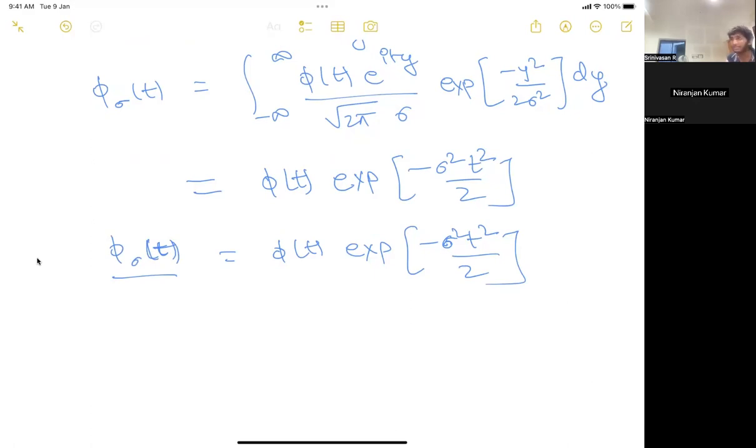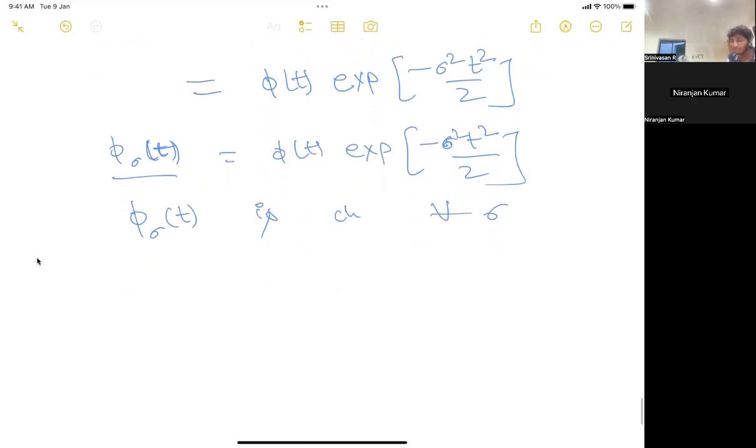As we had established that any such absolutely integrable positive definite function is the characteristic function of some probability distribution, we get that phi sigma of t is a characteristic function for all sigma. Now observe that as sigma goes to 0, this converges monotonically. By the way, we don't need monotone convergence, we just need convergence.